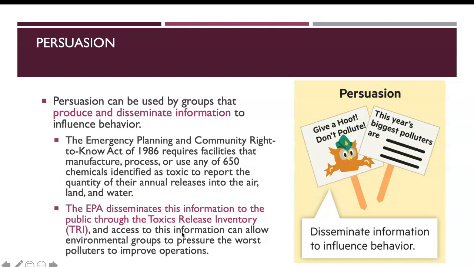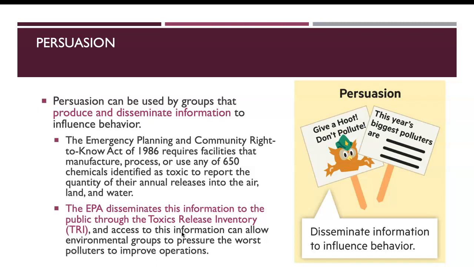So this is toxic pollution information. This is the Emergency Planning and Community Right to Know Act that requires facilities using the 600 chemicals identified as toxic to report their annual release to the air, land, and water.